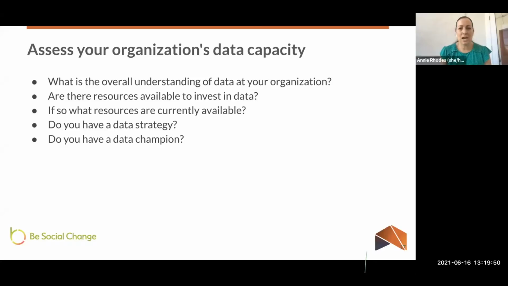You need people time to think about, to ask these questions, to manage that data, to extract and analyze that data. So really understanding this helps you as an organization make sure you have the resources you need to achieve what you're trying to do with your data, and or communicate out to your funders and or others that you need help in this area.